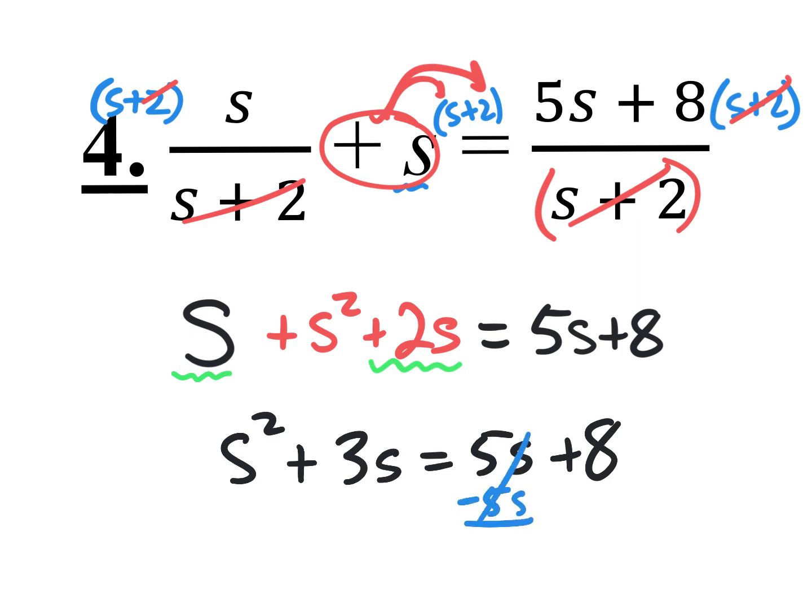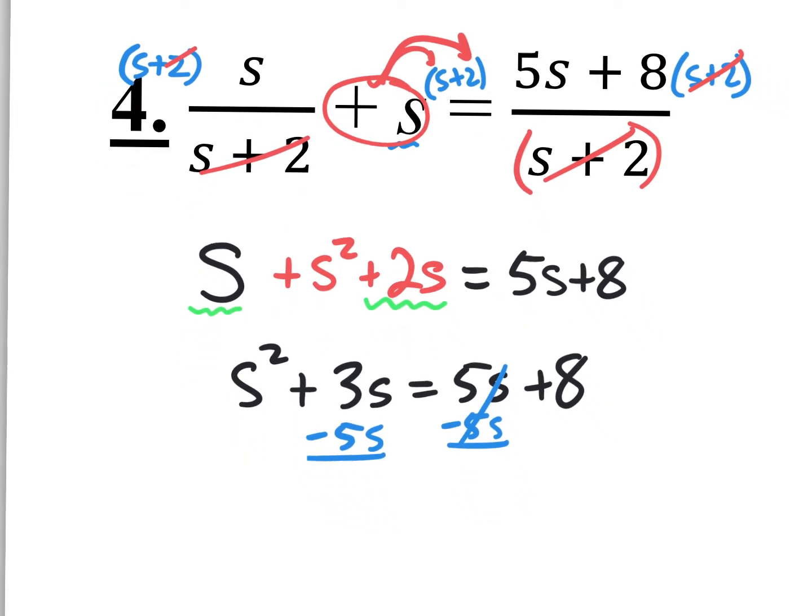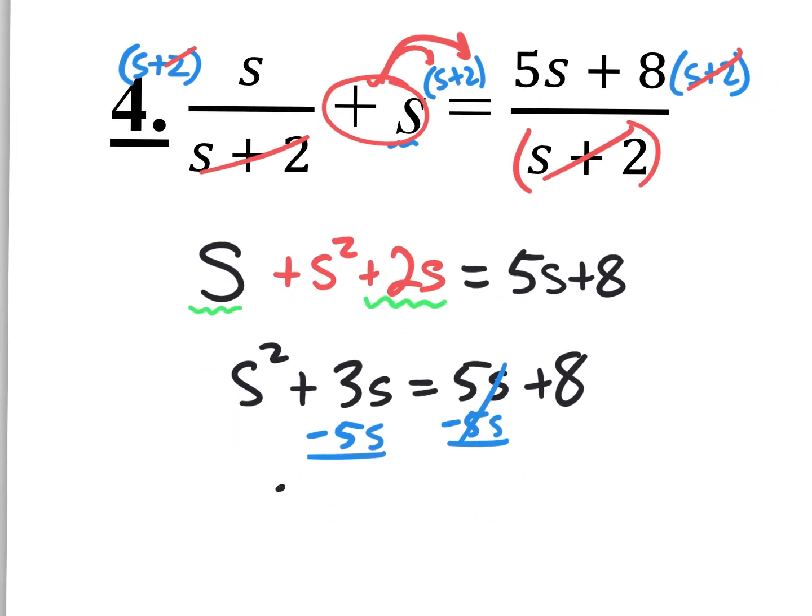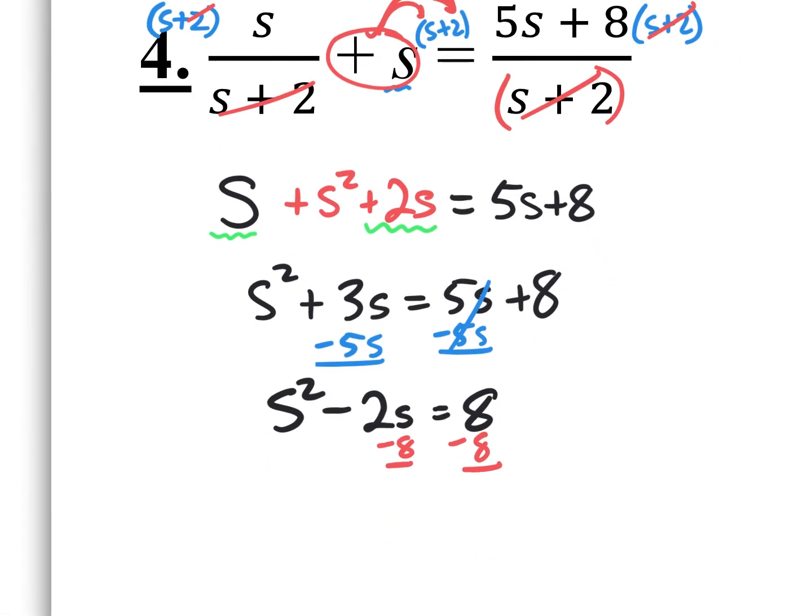Subtract 5s, subtract 5s, and that will give us the quadratic equation s squared minus 2s equals 8. Subtract 8, and we'll have our quadratic trinomial equation set equal to 0. Oh, that's ugly. S squared minus 2s minus 8 equals 0.